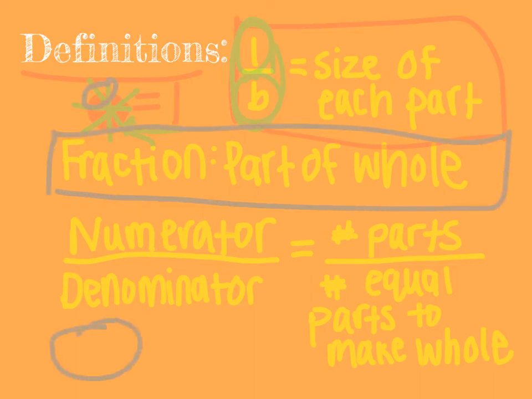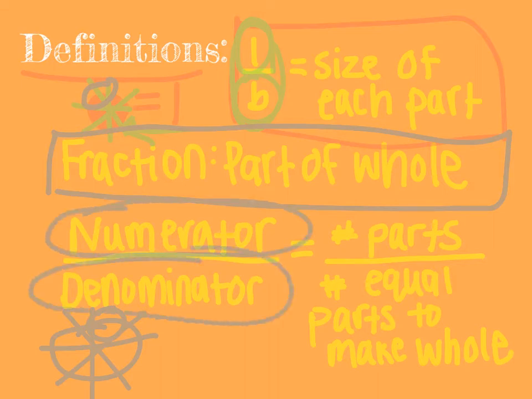So if we had a pizza, each piece of pizza is a fraction of the pizza. Each fraction has a numerator and a denominator. The numerator is the number of parts. So if we had 3 pieces of pizza, it would be 3 because there are 3 parts, and the denominator is the number of equal parts to make one whole, which in this case is 1, 2, 3, 4, 5, 6, because there are 6 parts to equal one pizza.